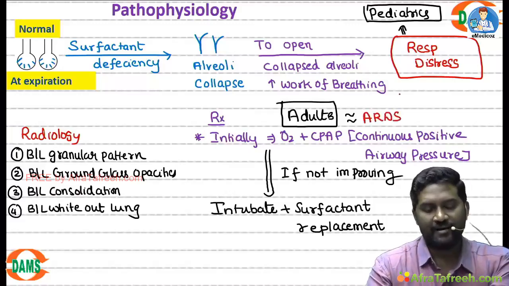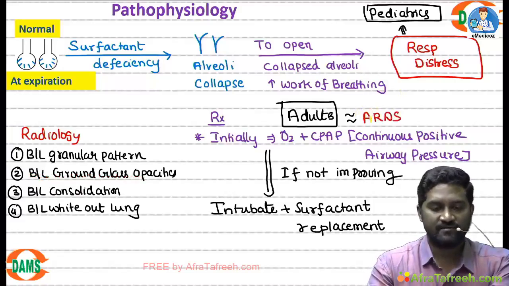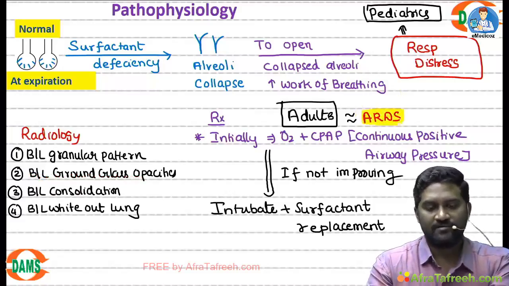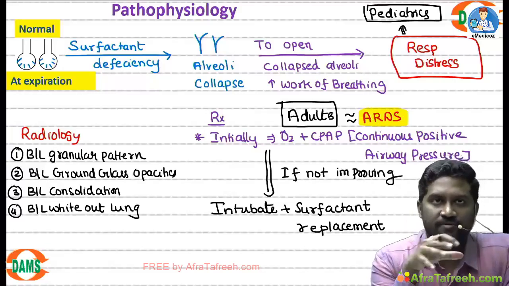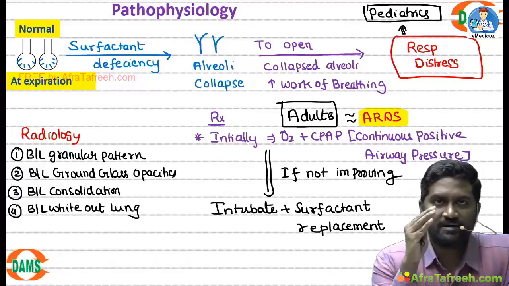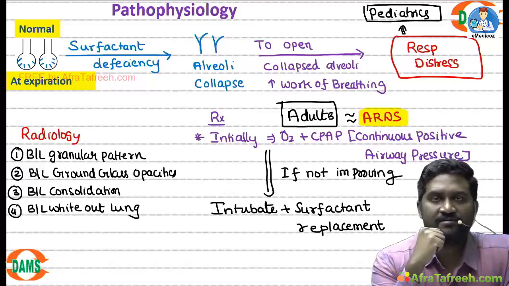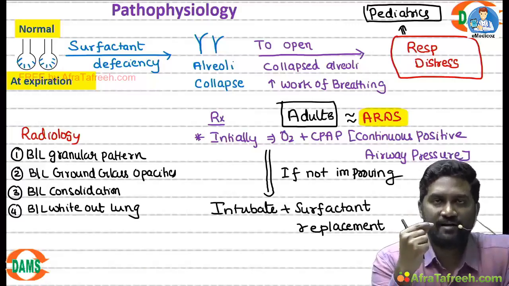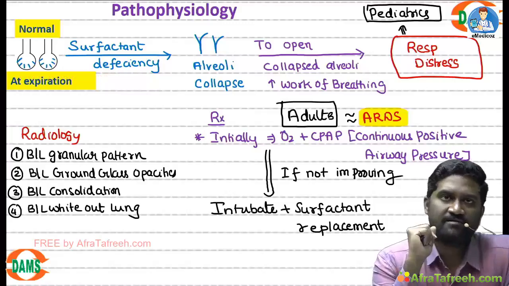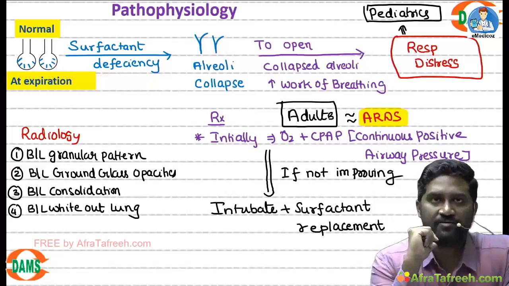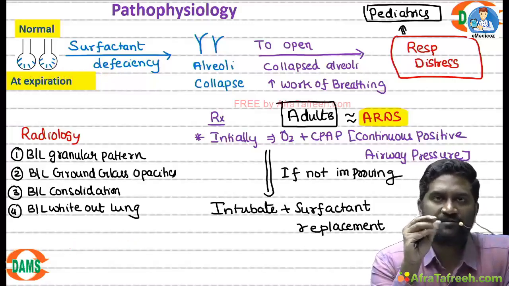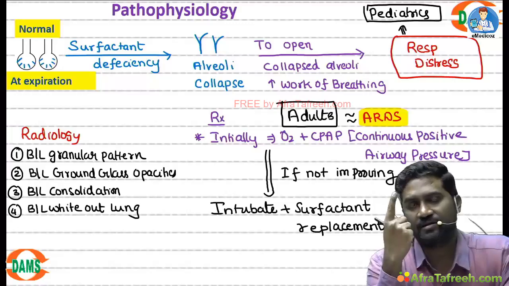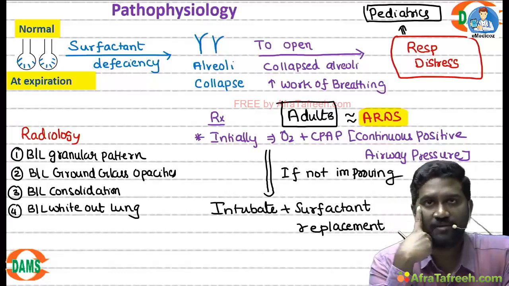Only if you understand neonatal respiratory distress syndrome, later when we discuss ARDS, it will be easier for you. I want to introduce you to an adult disease with similar presentation called ARDS, acute respiratory distress syndrome. I want you to know the basics of surfactant so that you can understand ARDS in a better manner.